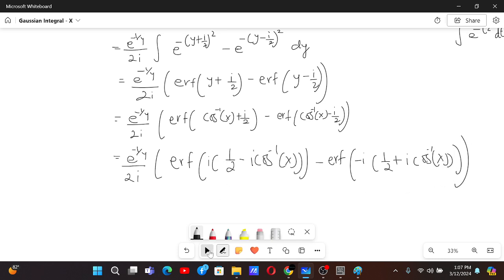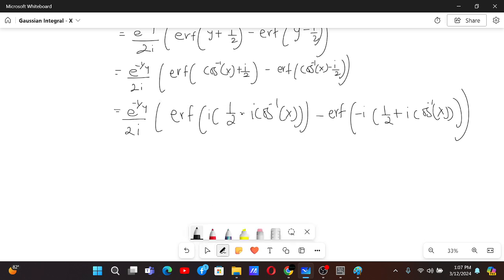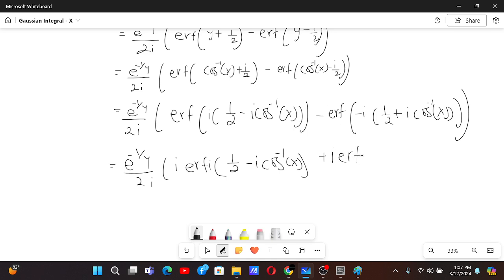Now first of all, over here this will be i times erfi of x. So e to the power minus 1 by 4 by 2i, this will be i times erfi of 1 by 2 minus i cos inverse x, minus. Now first of all we can use the oddness of the erf function, so minus will make this sign plus, and then erf of i times x is i times erfi, so i times erfi of 1 by 2 plus i cos inverse x.